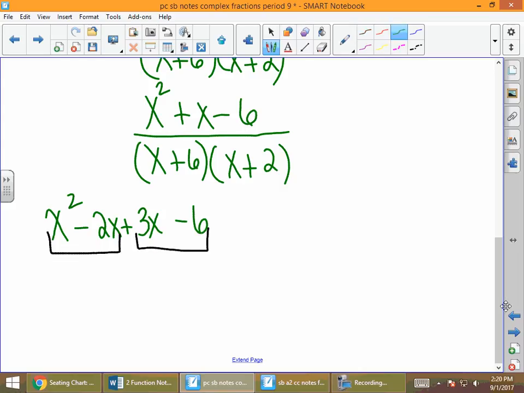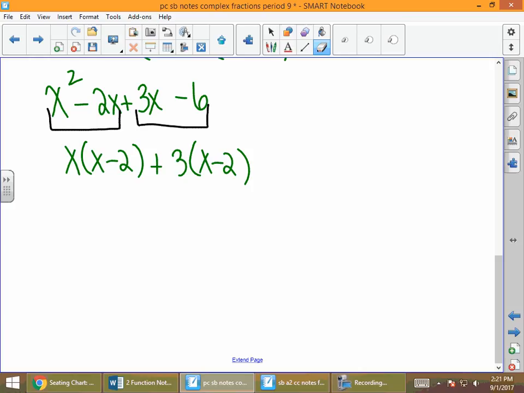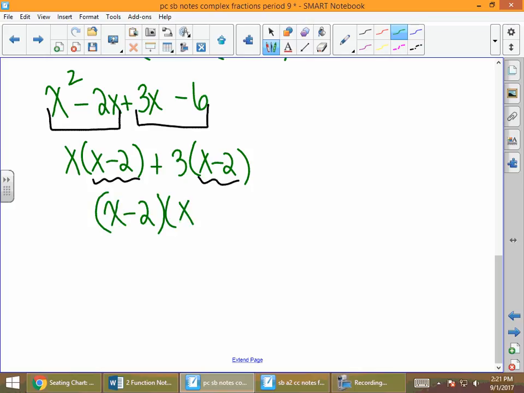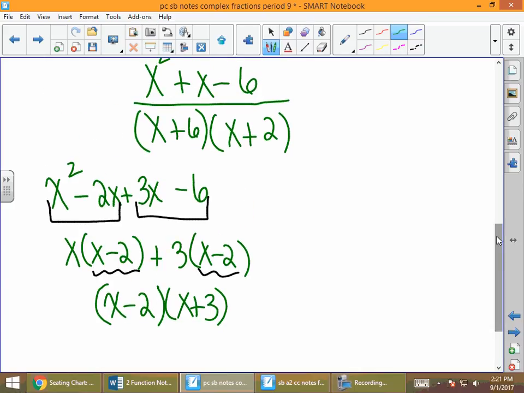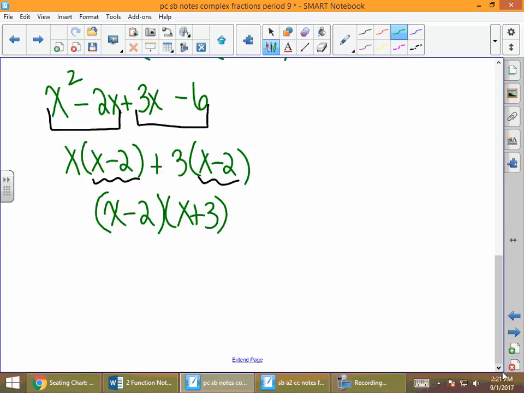So when we factor, we've got x minus 2 times x plus 3. As we take a quick look there, did that help us at all? No. But we can put it back in there. So we've got x minus 2 times x plus 3.